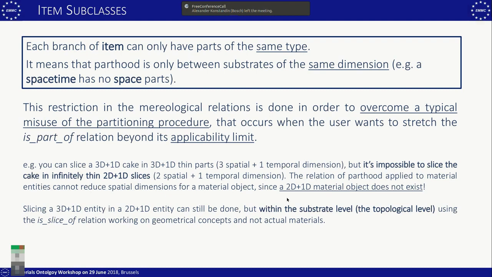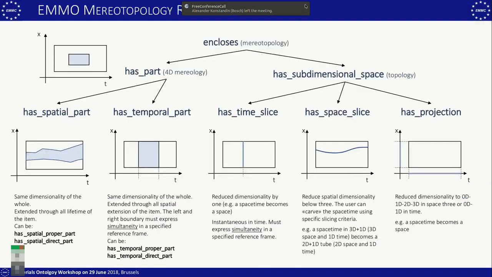So we strictly separate the mereological partout and the slicing. Partout is under mereology, while slicing is under topology. This is the hierarchy of the properties that we use to deal with the space-time entity.